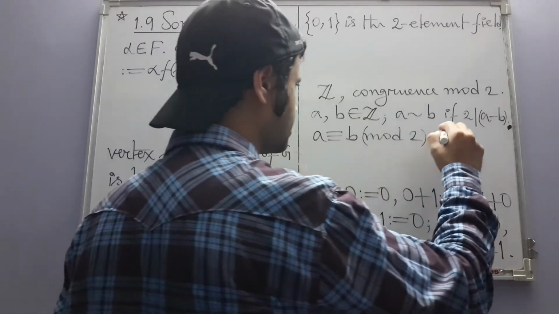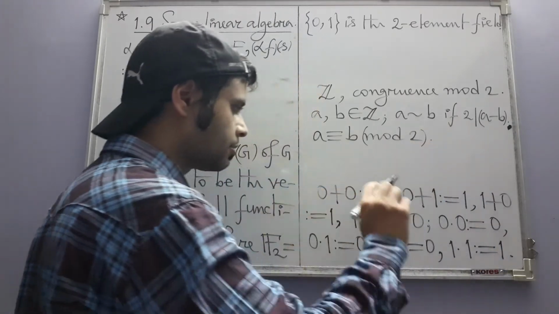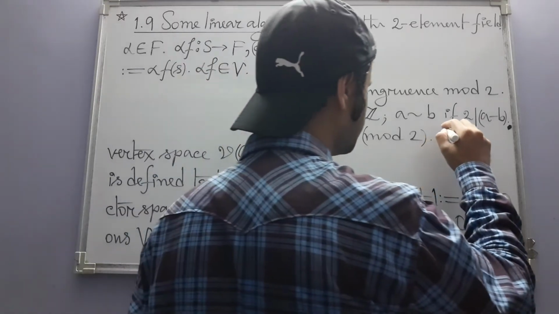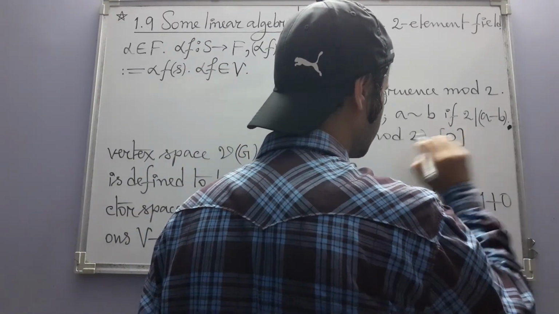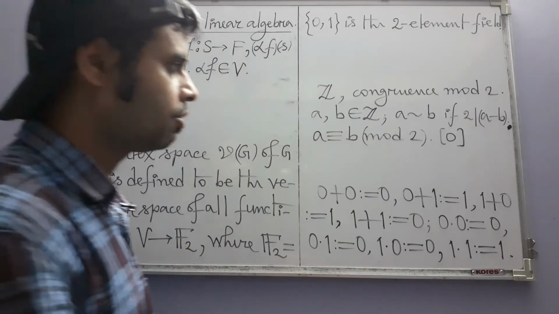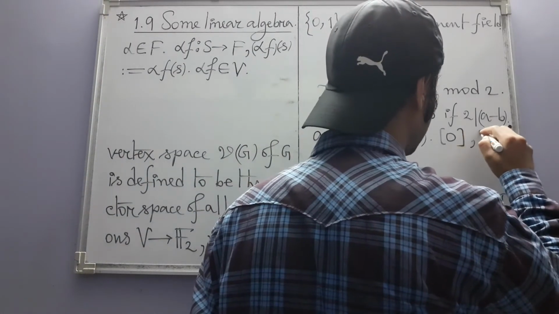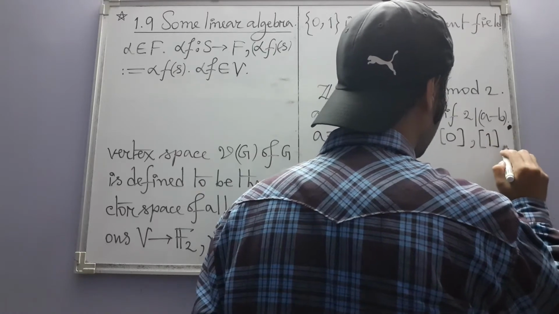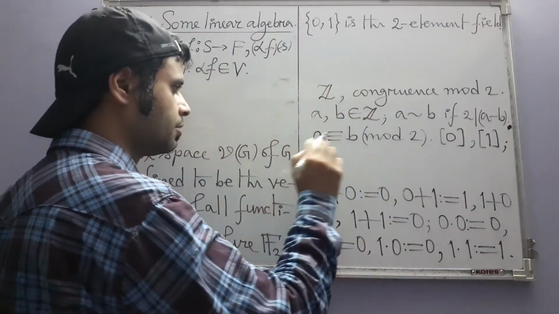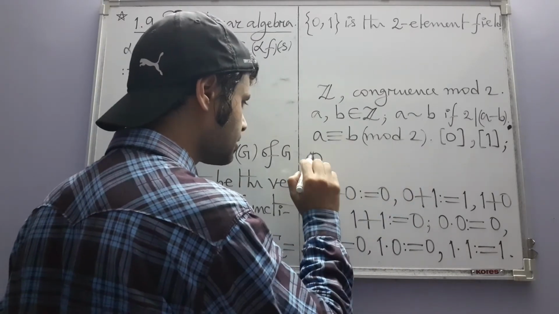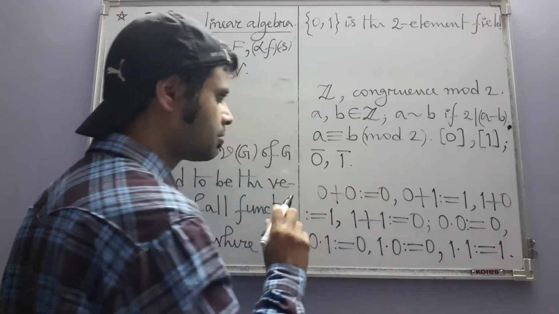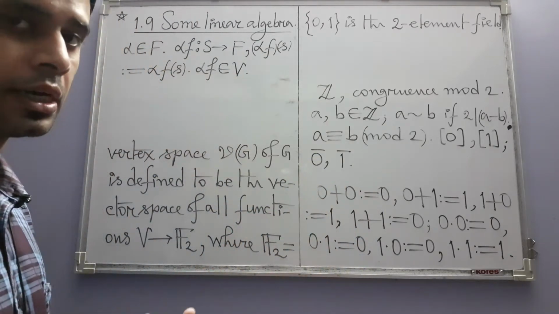One of them is the set of all even integers, which is denoted by this symbol, and the other is of course the set of all odd integers, which is denoted by this symbol. In some texts, these classes are also denoted like this, 0 bar and 1 bar. Same meaning, different symbols, different names.